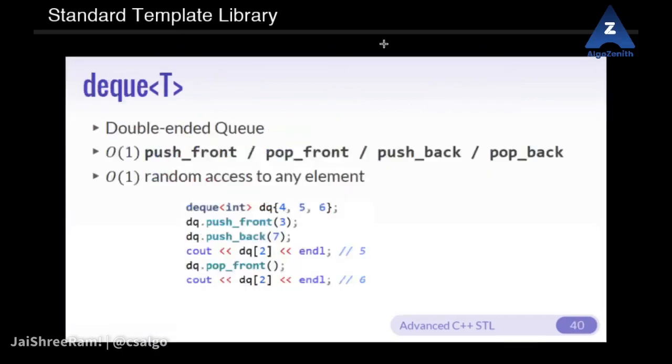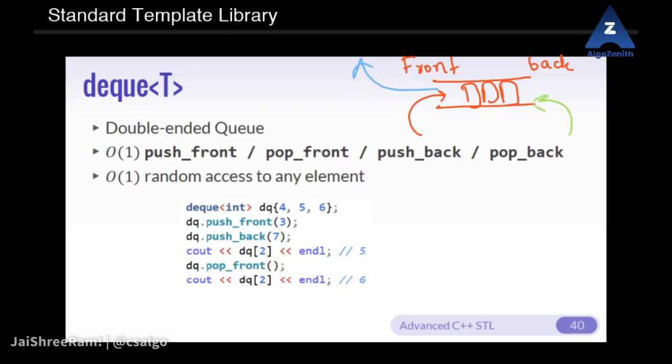Next we come to dq, which is like a doubly ended queue. This is the diagram for dq. There are a lot of elements in the pipe over here. Let's suppose this is the front and this is the back. You can put elements in the front, take out elements from the front, put elements at the back, and take out elements from the back.